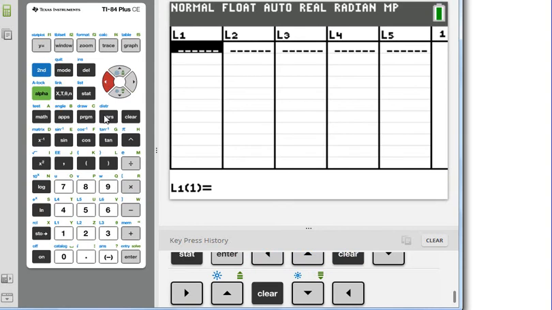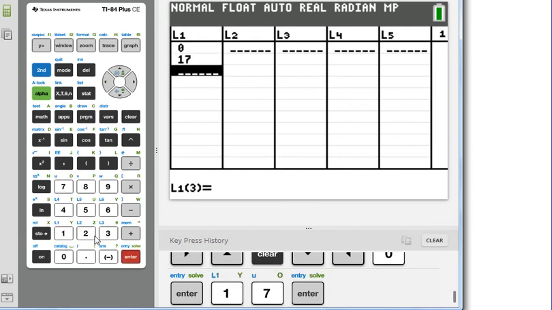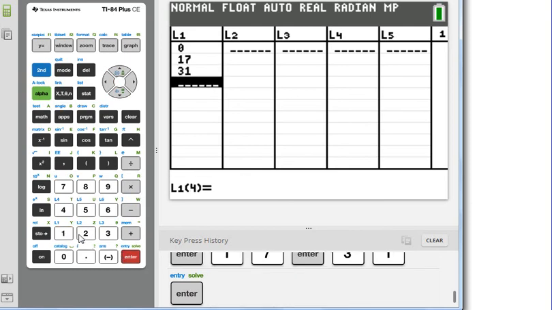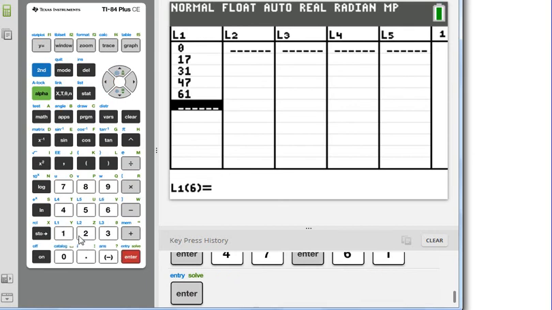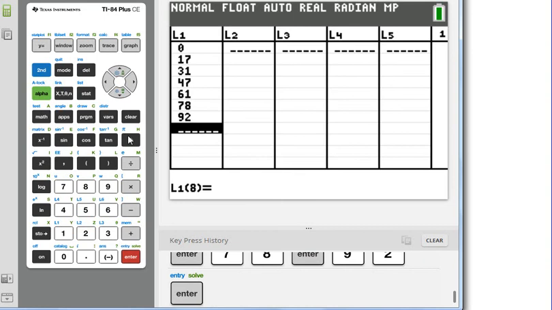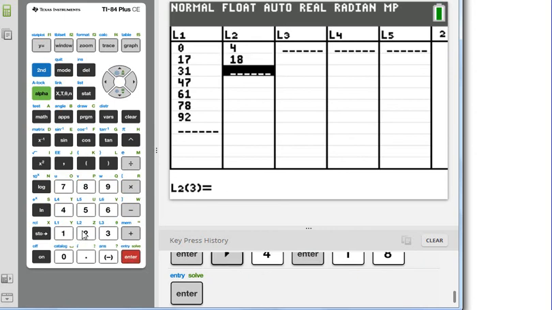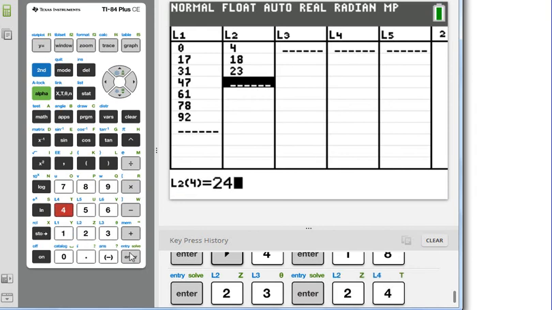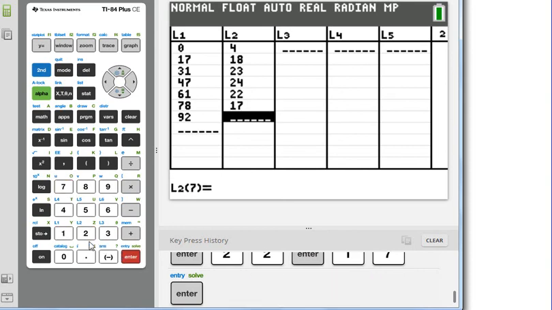So, for this, I'm entering 0, 17, 31, 47, 61, 78, 92, and then for output data, which would be the area of the ozone hole, 4, 18, 23, 24, 22, 17, 10.